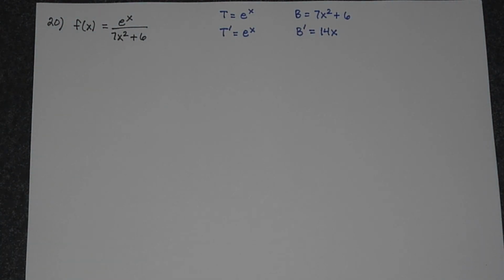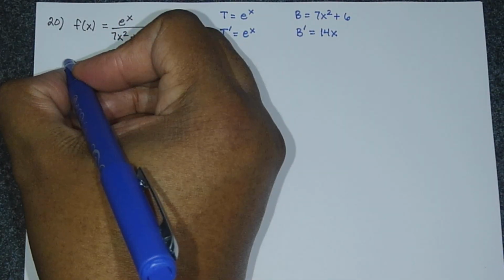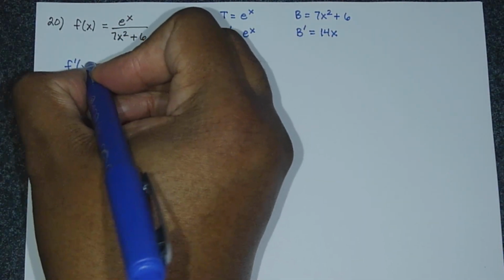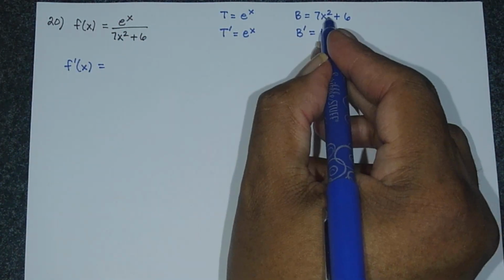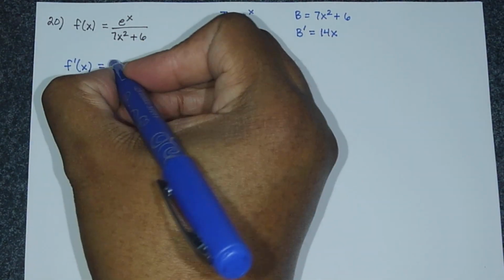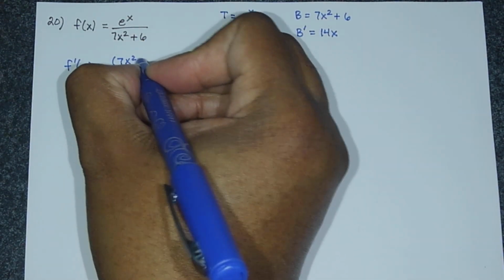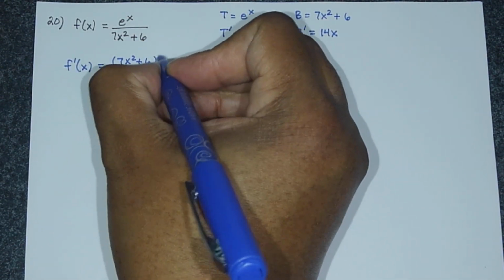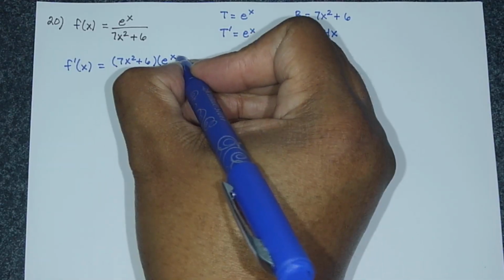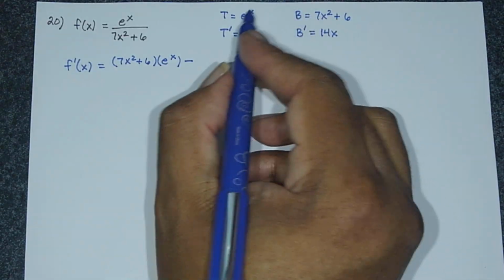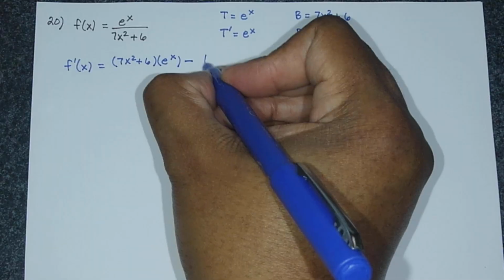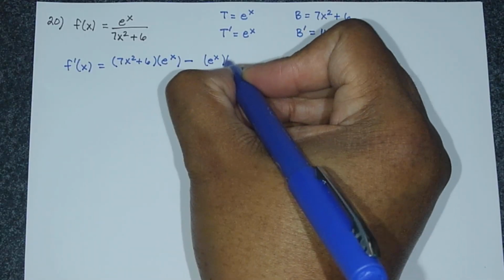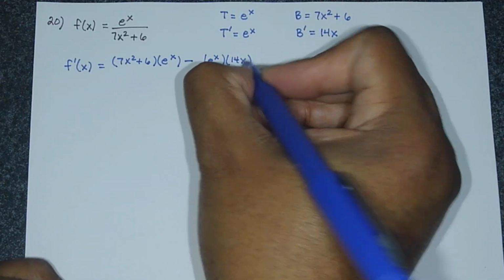All right. Now, using the quotient rule, f prime of x is going to be the bottom times the derivative of the top. So here's the bottom, 7x squared plus 6, times the derivative of the top, e to the x, minus the top times the derivative of the bottom, e to the x times 14x.